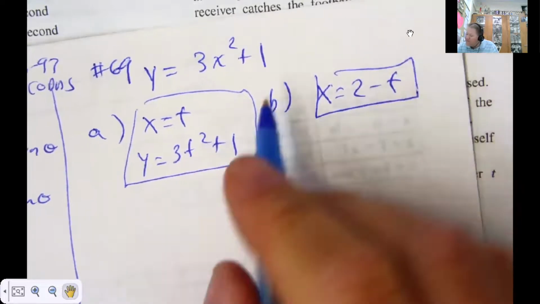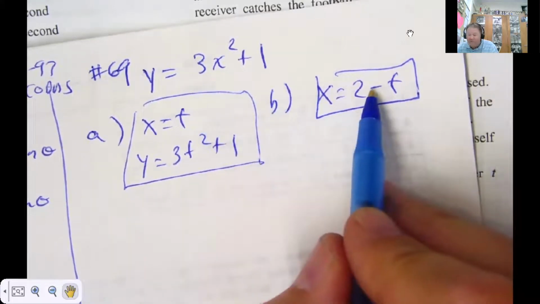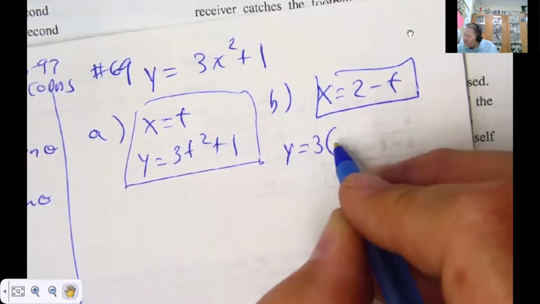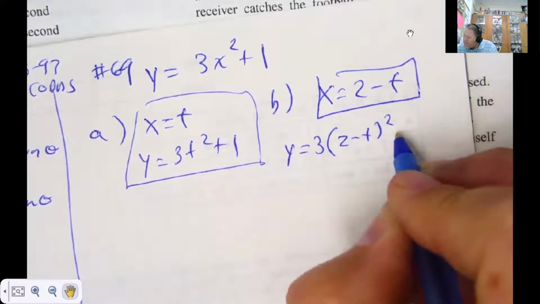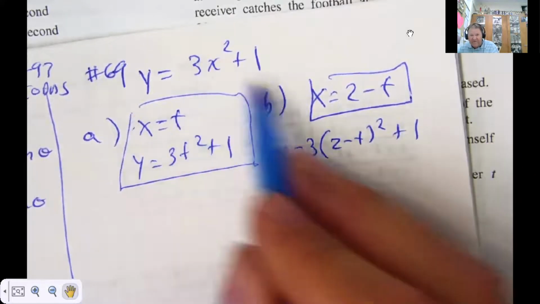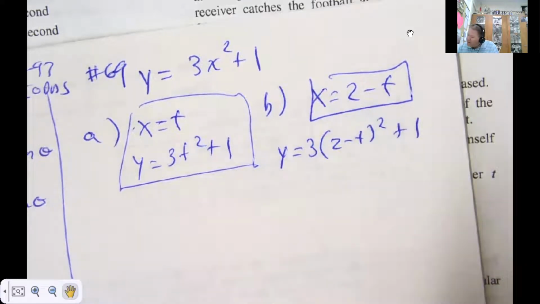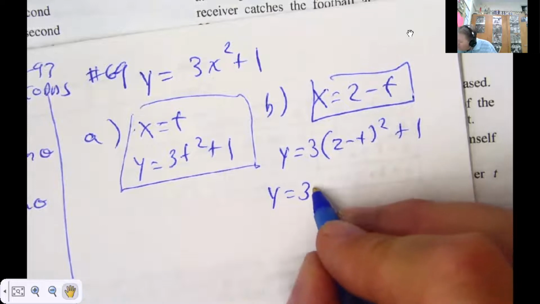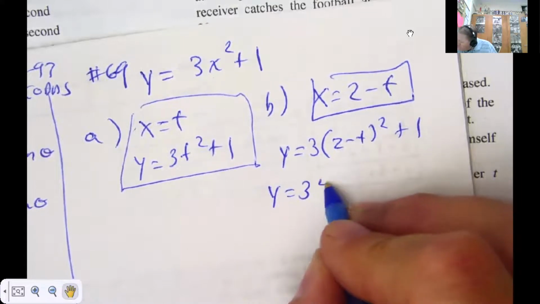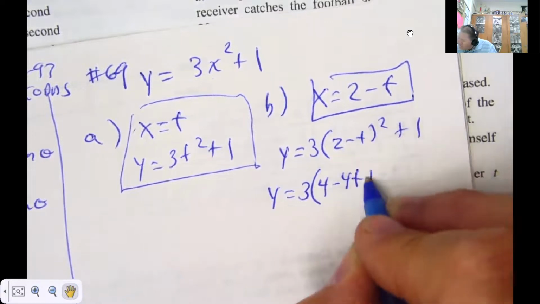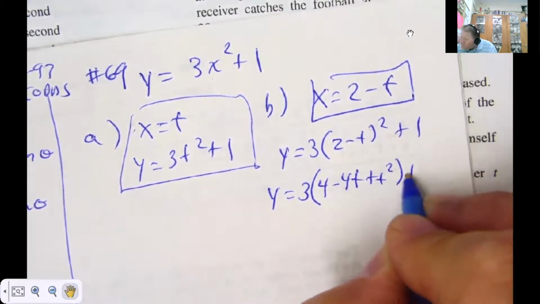And then again, I have to substitute in for x, 2 minus t, and then I'm going to simplify. It's going to be y equals 3 times (2 minus t) squared plus 1. Let's go ahead and expand this. And this would be 4 minus 4t plus t squared, plus 1.